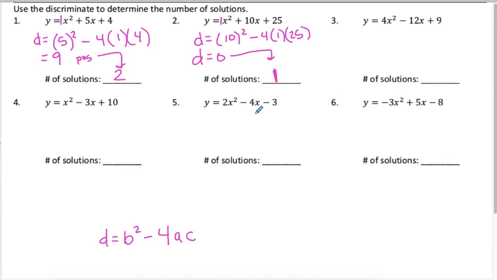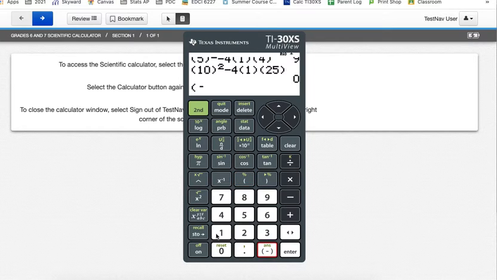There's 1 zero here. On number 3, we're in standard form. We have b squared, don't lose that negative, b squared minus 4ac. Those all look like 9s, but those are 4s. And I can put that in my calculator. So don't lose the negative 12.